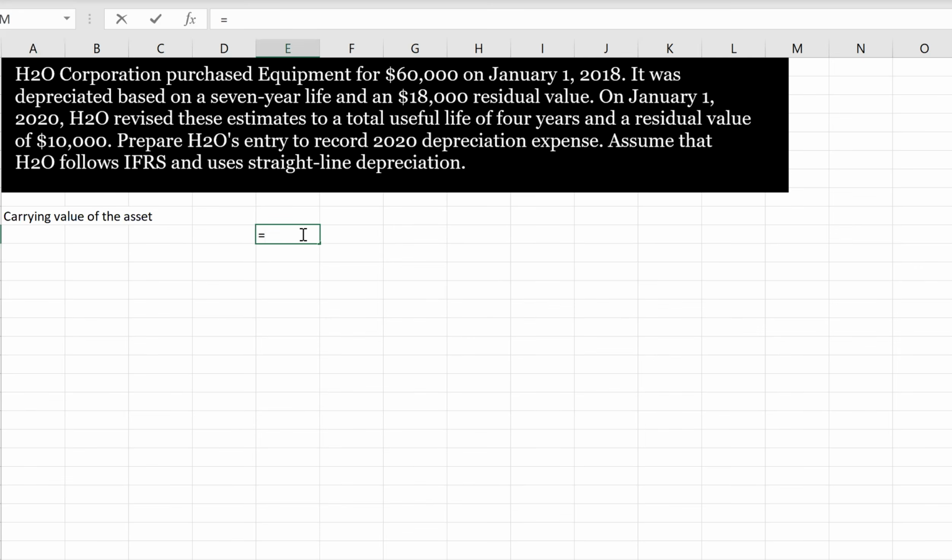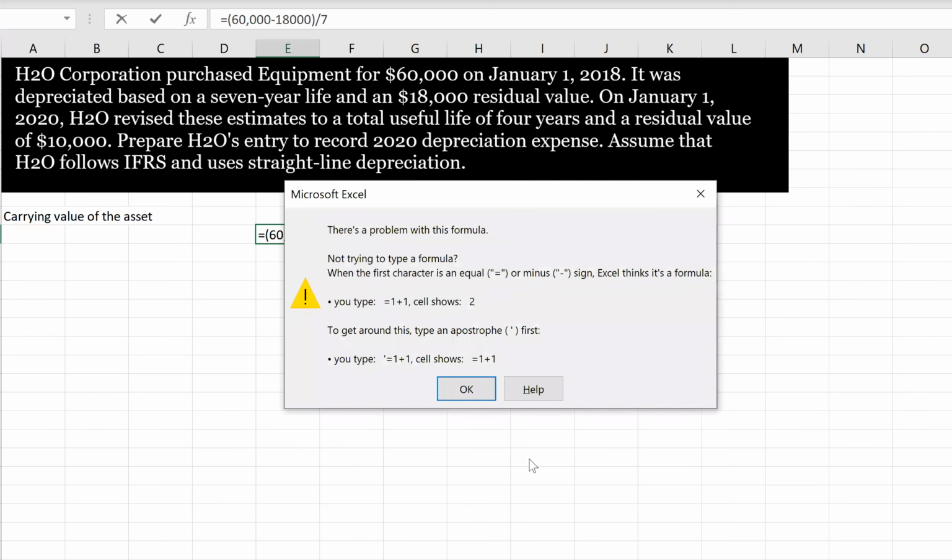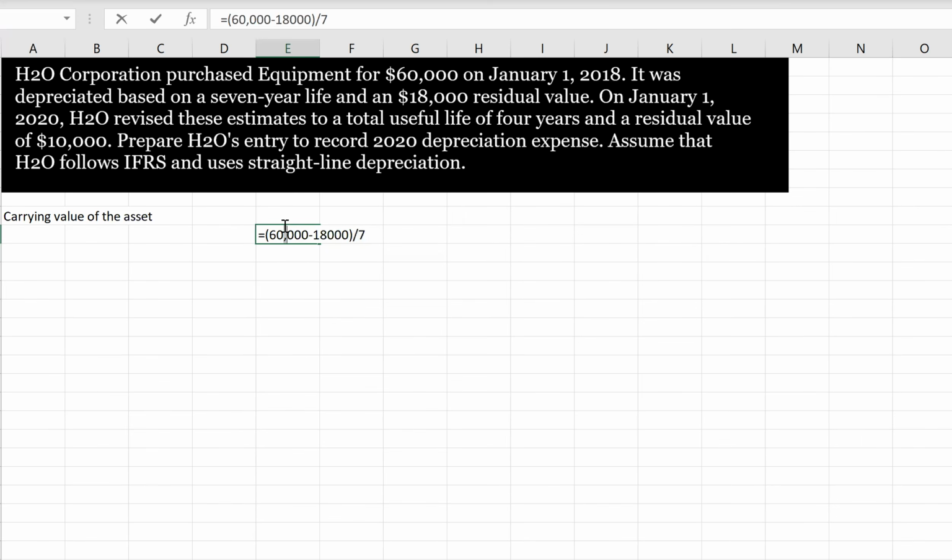So if we had $60,000 minus the residual value, so we thought it was going to have an $18,000 residual value, and we're going to depreciate it over 7 years, that means the depreciation each year was $6,000.